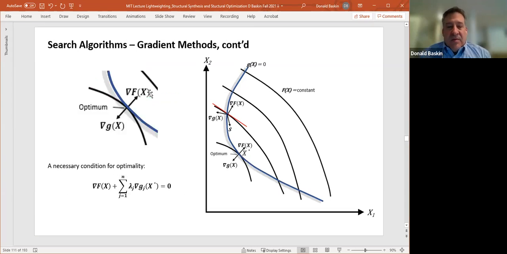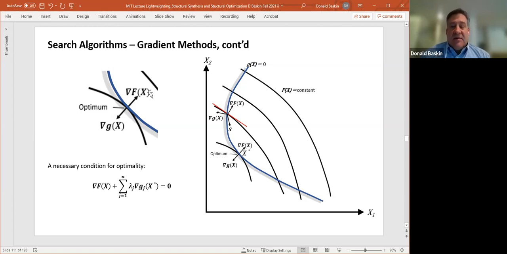Another useful concept to define is the conditions for optimality. So this is also useful in your algorithm. In order for your algorithm, or you, to know when you've hit the optimum of the equation, if you meet a certain set of conditions, then you know that you've hit your optimum, a maximum or minimum.